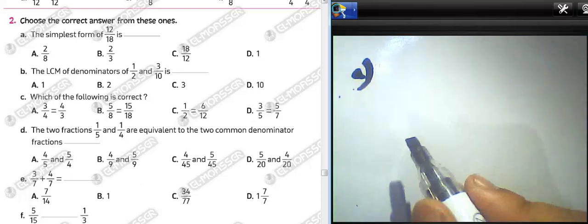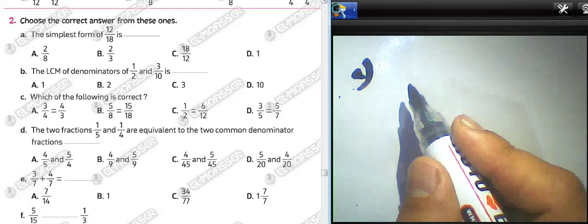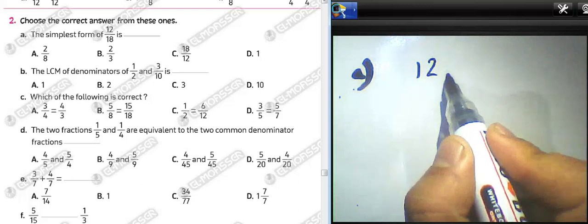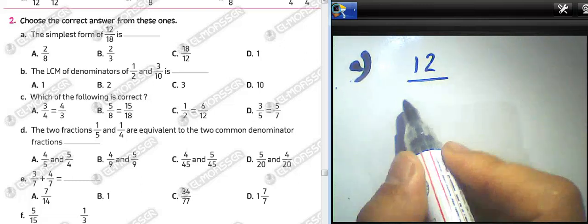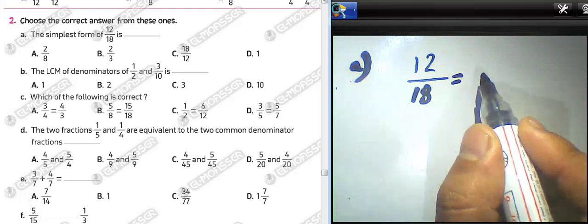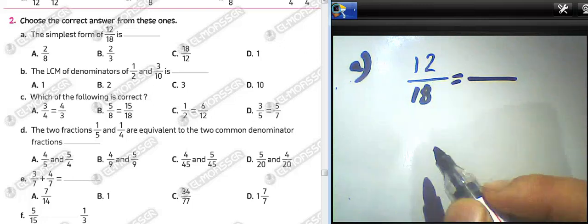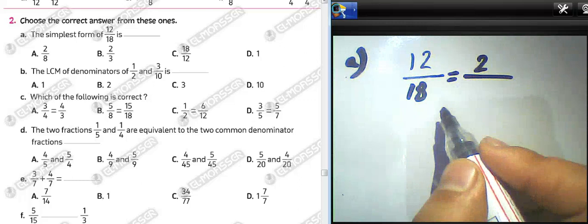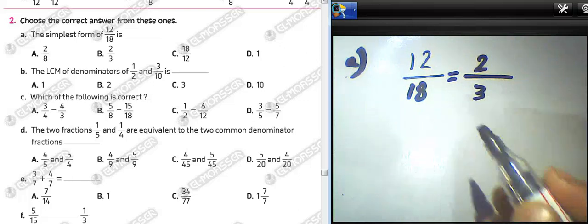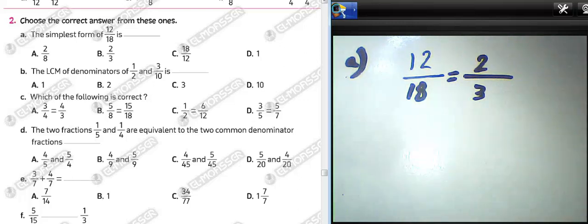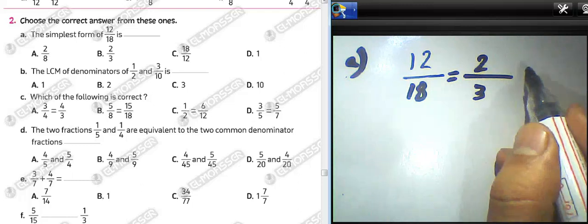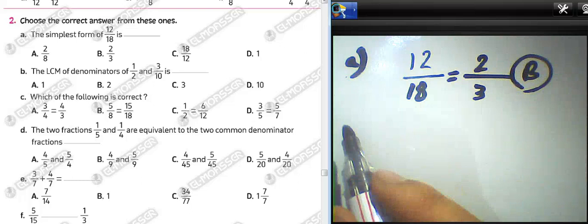Look with me at question letter A. The simplest form of 12 over 18. We can simplify it by dividing the numerator and denominator by 6. 12 divided by 6 equals 2. 18 divided by 6 equals 3. So we must choose 2 over 3 for question letter A.